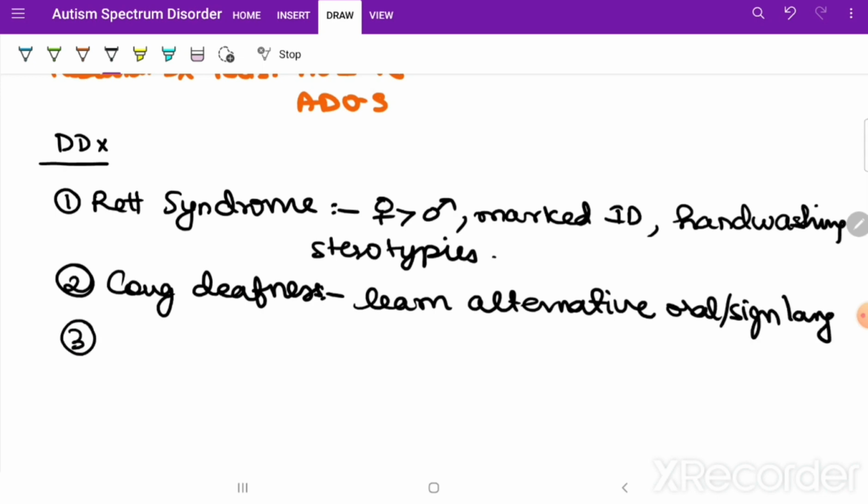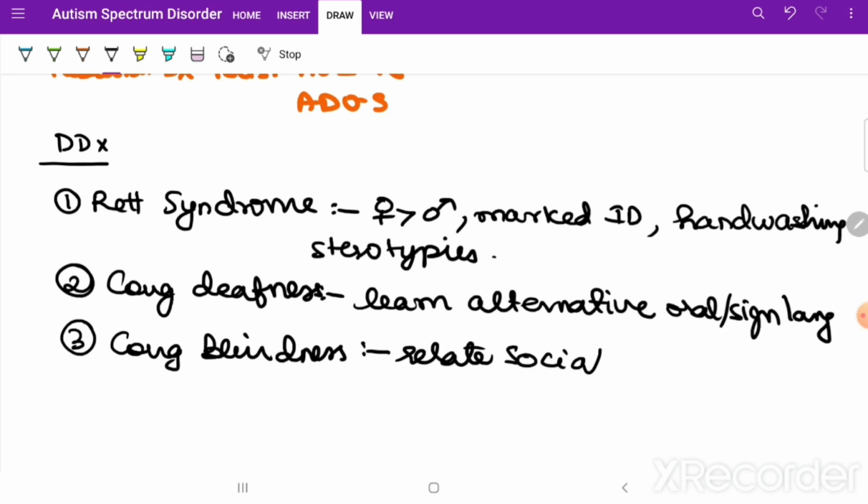Number 3, you need to know about congenital blindness, but blind children will relate socially. Then developmental expressive or receptive disorders.